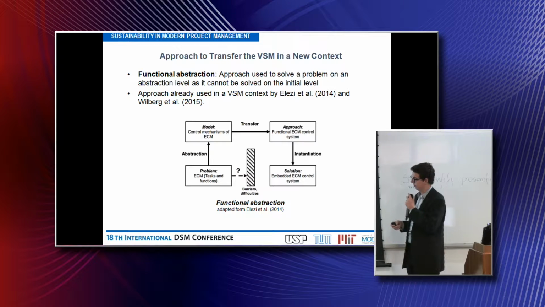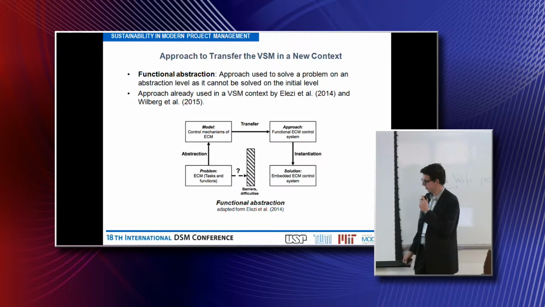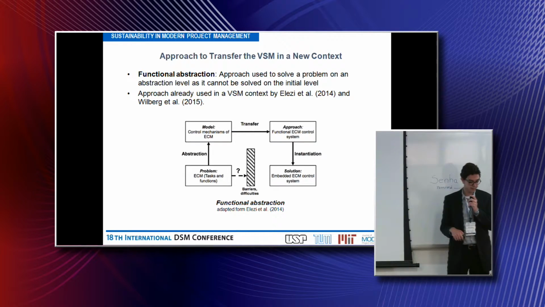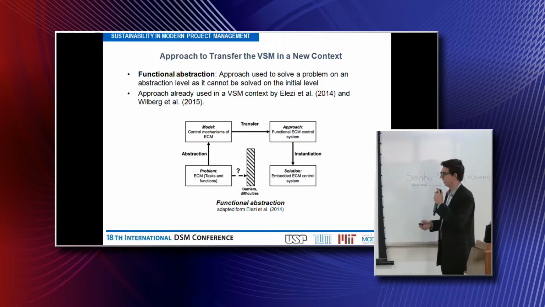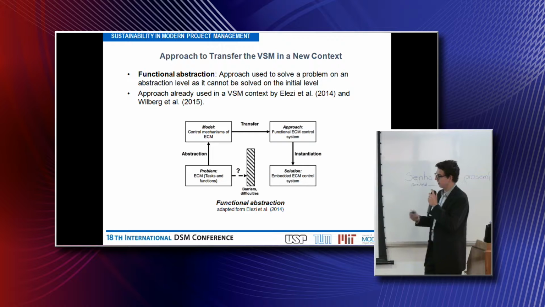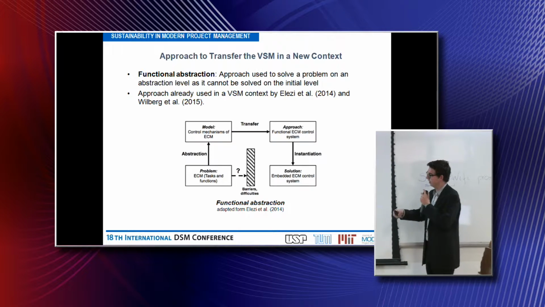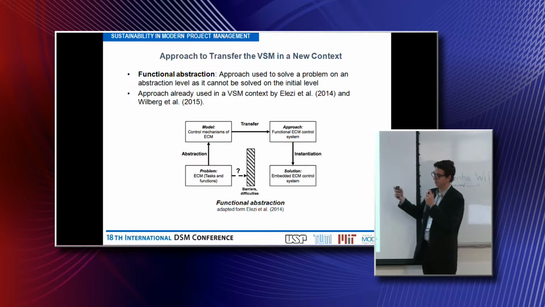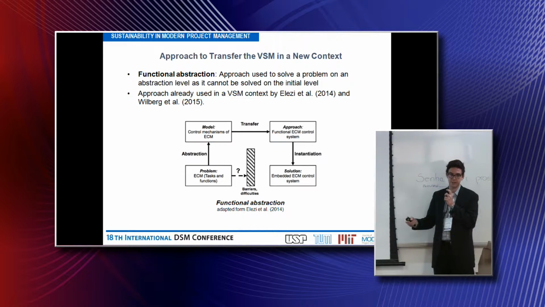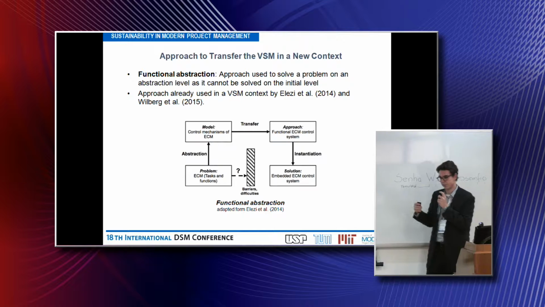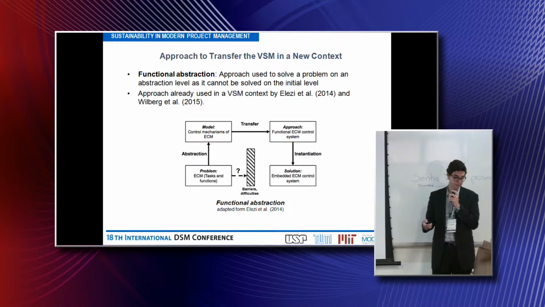And what we came up with is the functional abstraction that was first used with the viable system model by a former PhD student of our institute, Fatos Elezi. And the idea is to bring the problem into the viable system model perspective, and then bring it back to your real and proper organization to derive suggestions on how you could improve the viable system model.